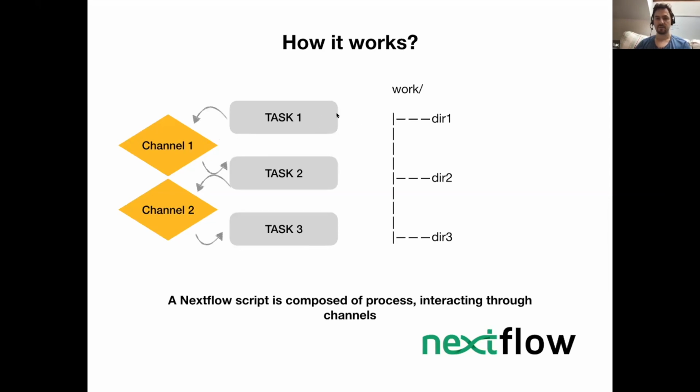Each process, where the tasks are done, is run in a separate directory inside the master directory called work, and there are different directories for each task. It's executed with a bash command that is exported by Nextflow in this different directory.